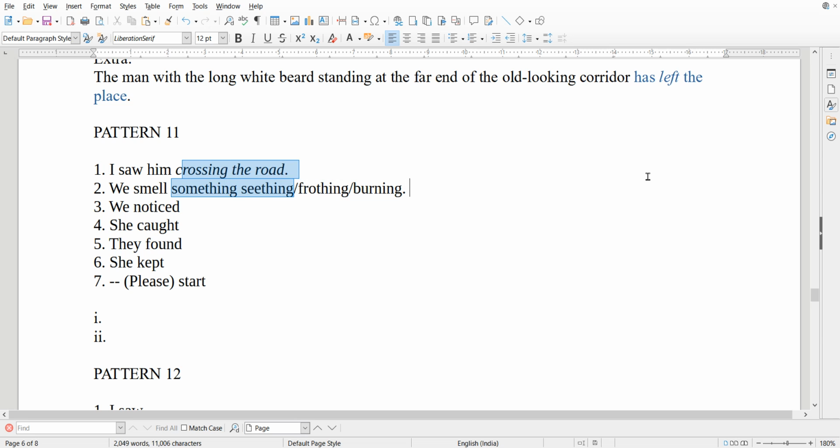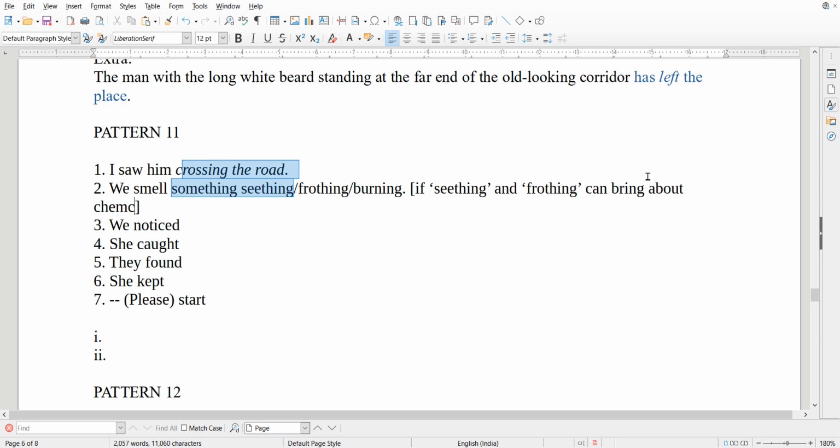If seething or frothing can bring about chemical changes, then smelling something because of that, resulting from them, is possible. Okay, that's the point.